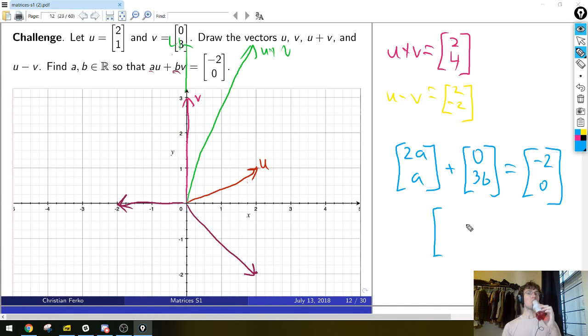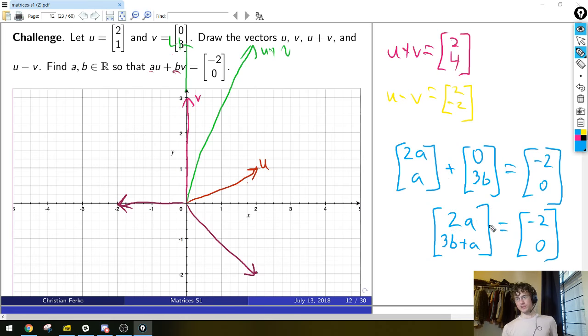Well, it would add up to 2a over 3b plus a. Yeah, 3b plus a. Multiplication and addition are not the same things, in most cases. All right, so one of these is easy. What should a be?